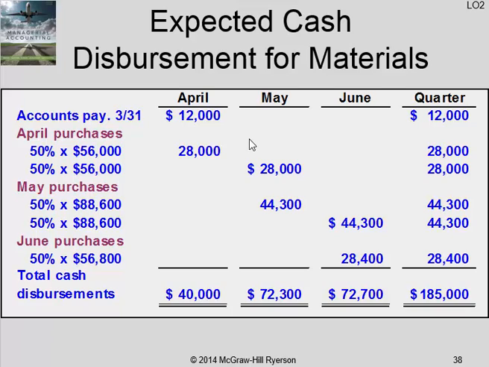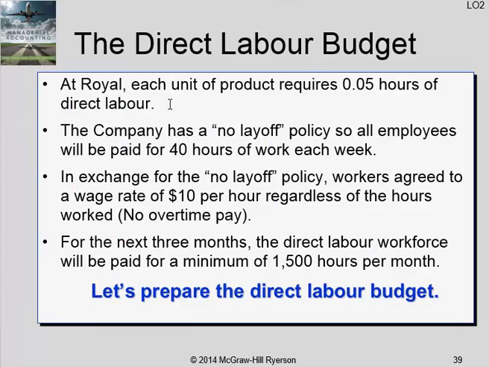Okay, enough on materials. The next thing we're going to look at then is direct labor. We're walking through the production costs here. First we deal with materials, now labor, and then overhead. Labor is a bit simpler because there's no inventory of labor, right? But it can get a little bit tricky when you look at things like this.